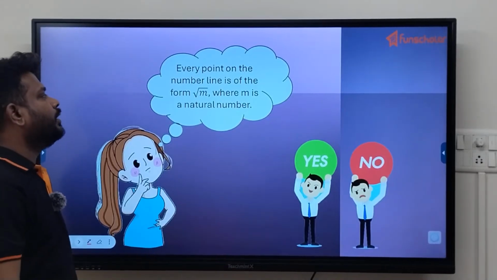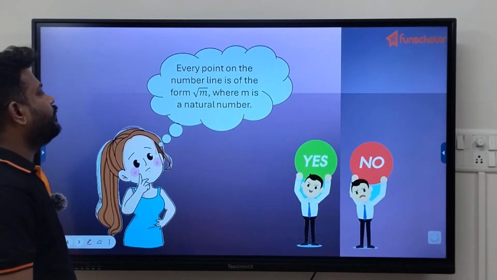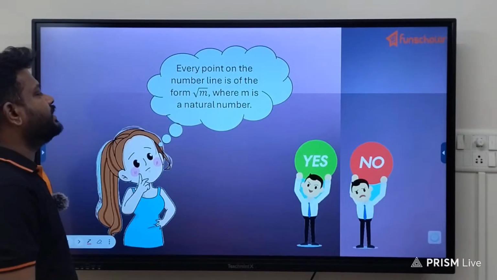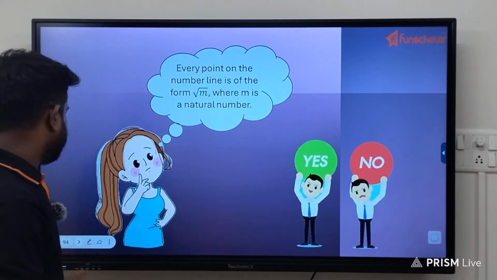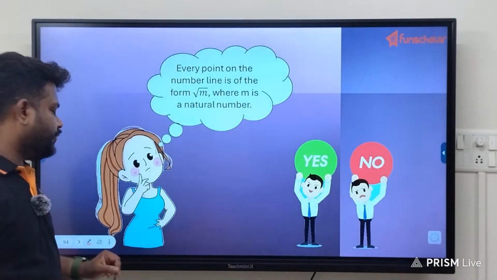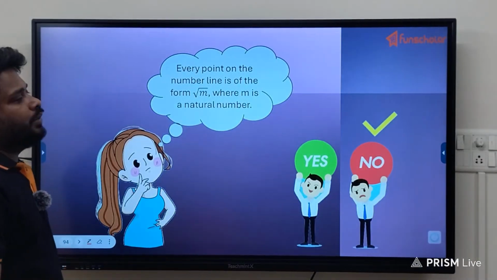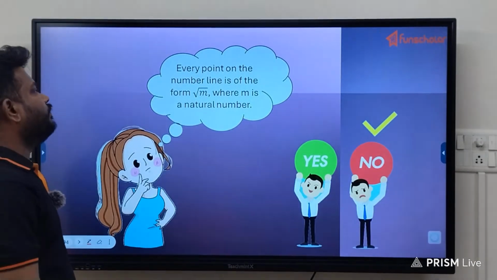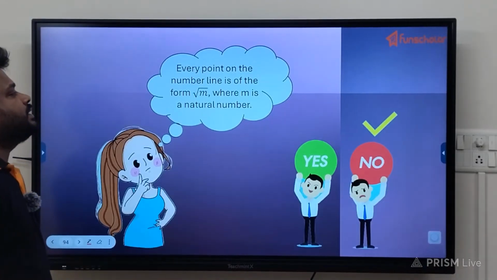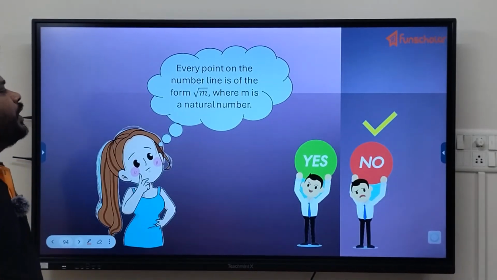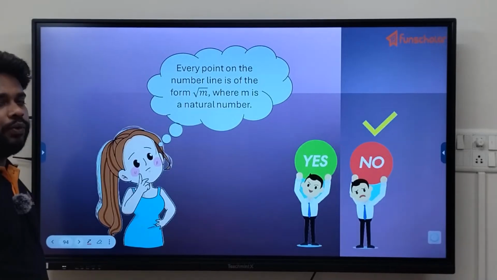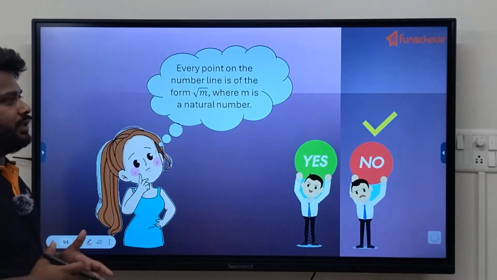Every point on the number line is of the form root m, where m is a natural number. Think carefully and try to answer. The answer will be no. Every point on the number line is of the form root m, where m is a natural number, can't be correct.